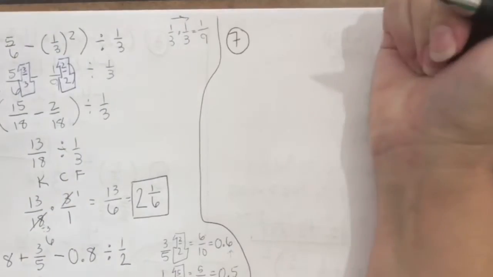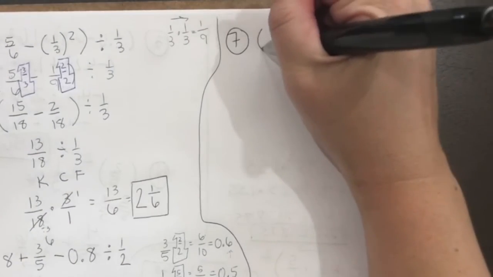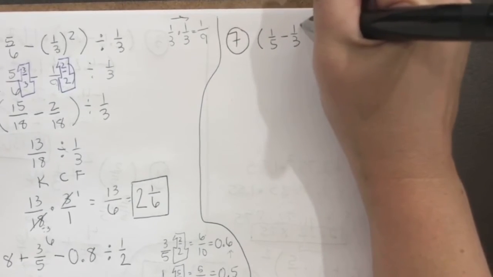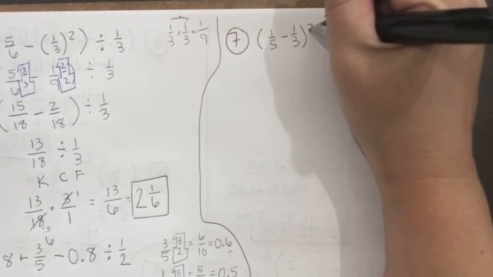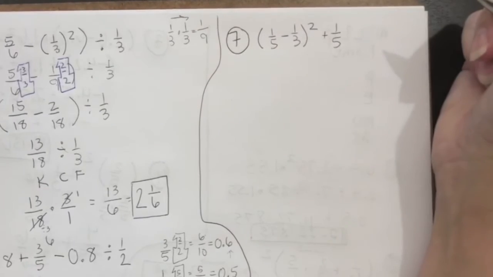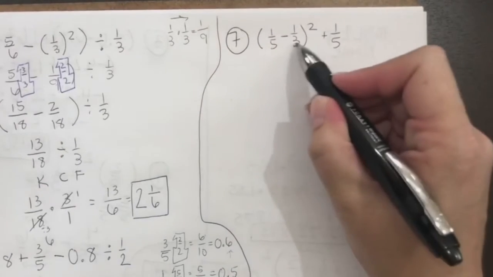Number 7, parentheses, 1/5 minus 1/3, close parentheses, squared, plus 1/5. So let's do the parentheses first.